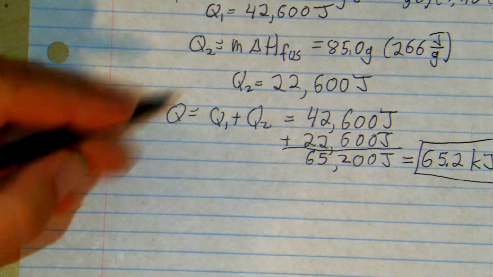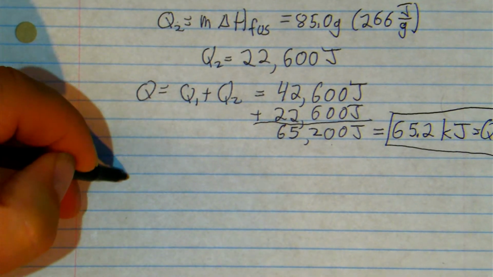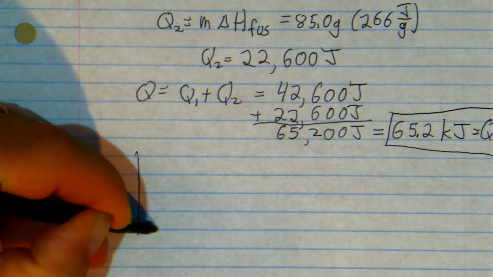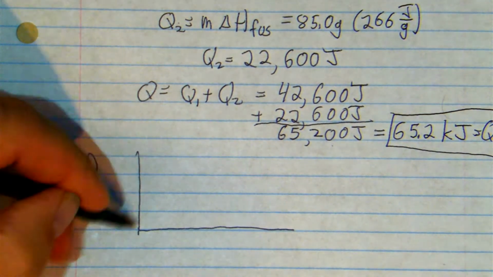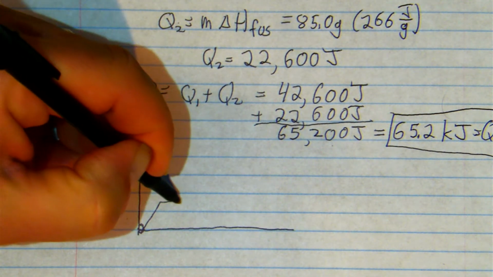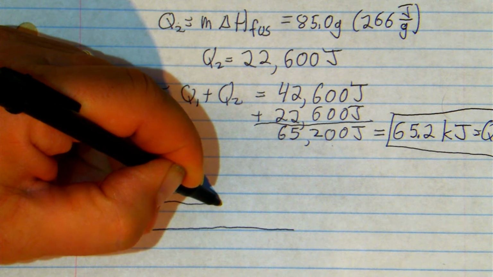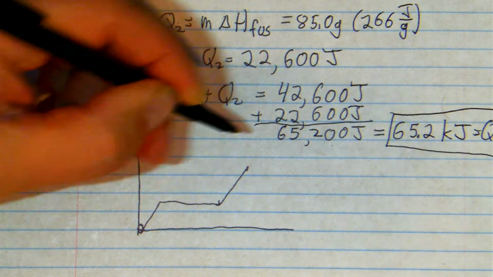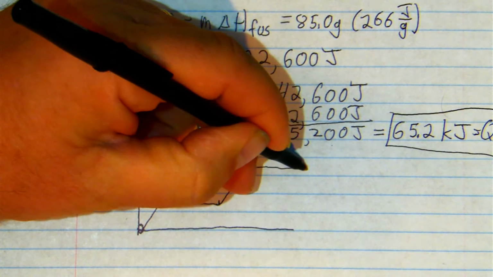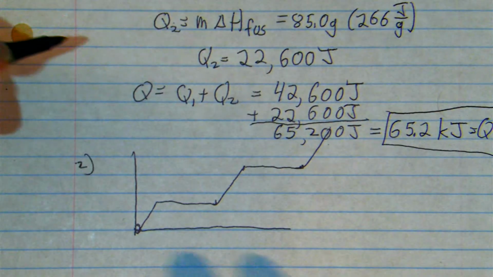All problems must follow the heating curve. So on number 2 here, when we consider the heating curve, substances begin as a solid that warm up, that melt, becoming liquids that can warm up until they boil, then vaporize into a gas, and then you can heat the gas.